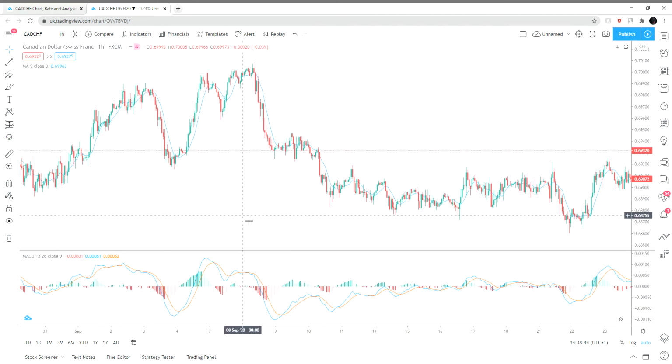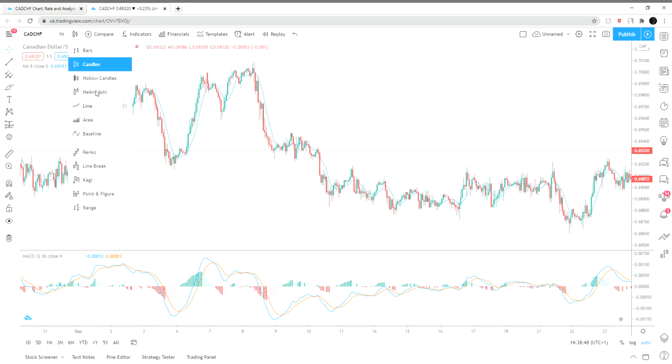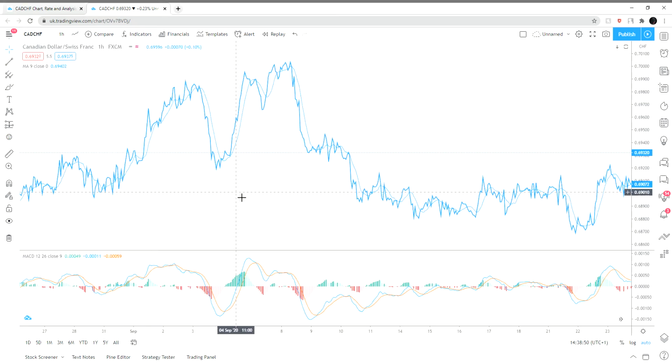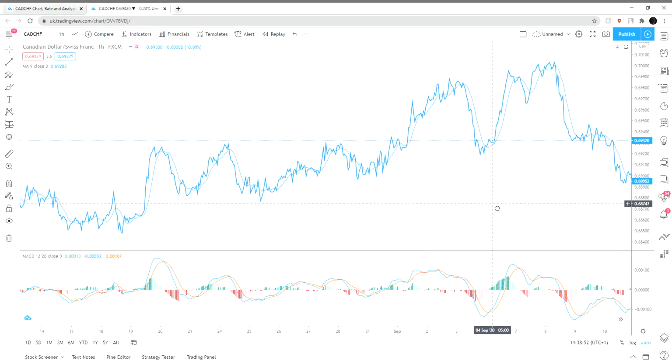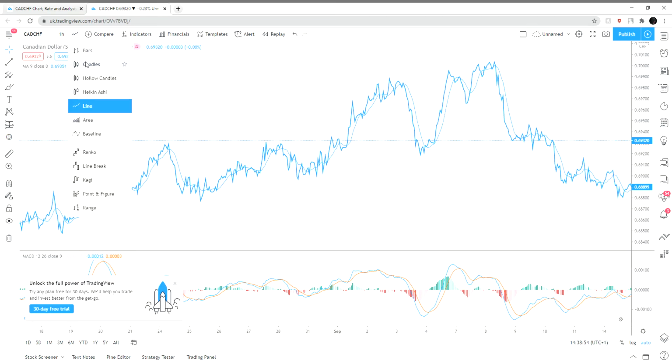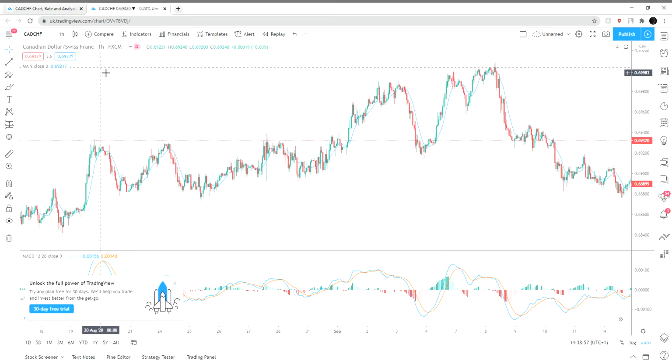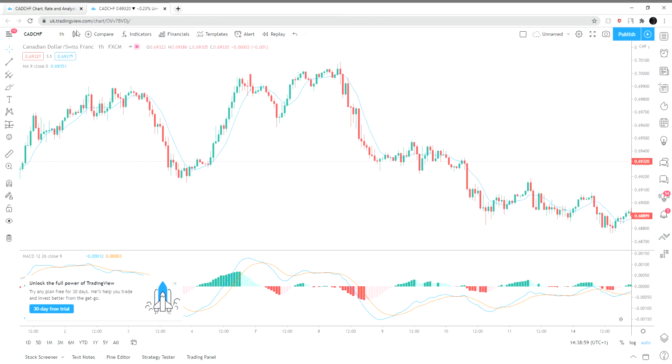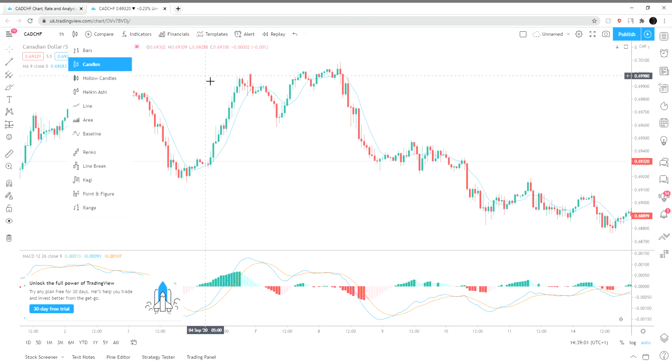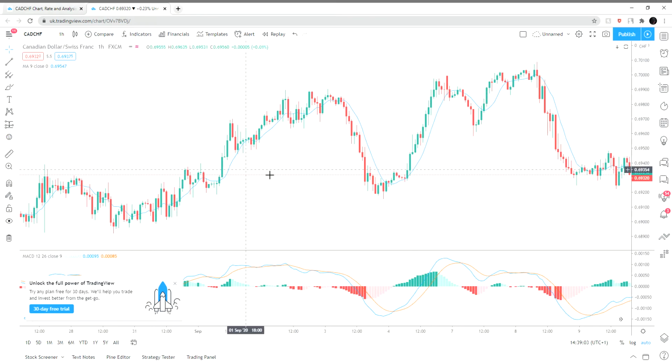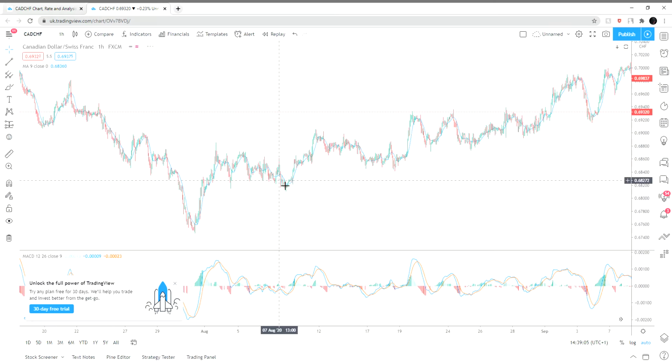There's a lot of people that say when you draw the trend lines, you should go off candlesticks and use the line. But me personally, I like using candlesticks when I draw trend lines. But whatever works for you, works for you. I guess you know what I mean. So just make sure you try to find the best way you think you can draw a trend line.